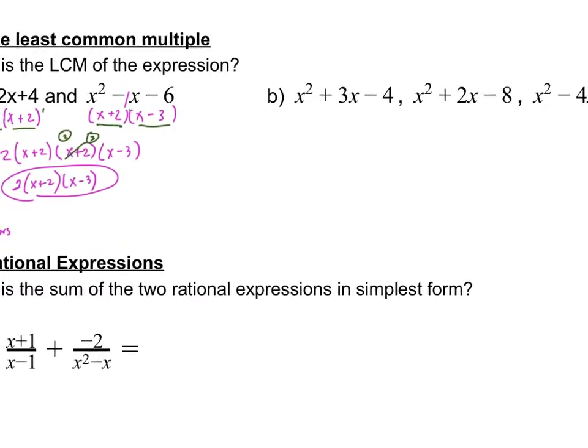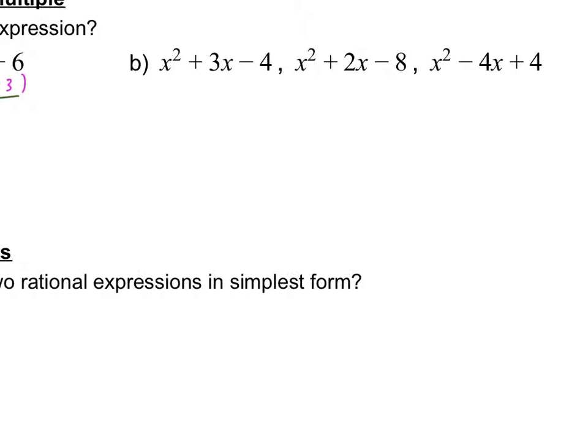And as we go to this next example, what are my possible factors here? So let's go ahead and factor everything. This becomes x plus 4, x minus 1. And this next one becomes x plus 4, x minus 2, and this next quadratic becomes x minus 2 squared.